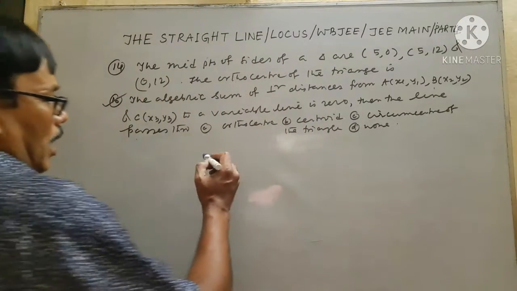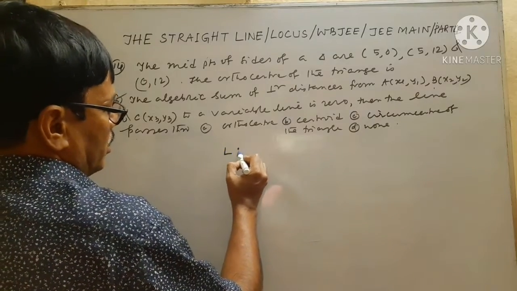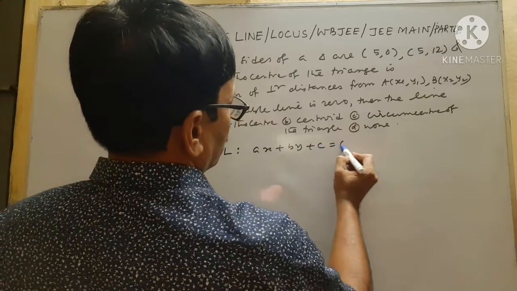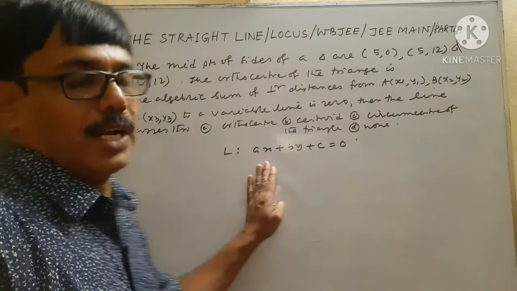So let the variable line be ax plus by plus c equals 0, where a, b, c are variable.